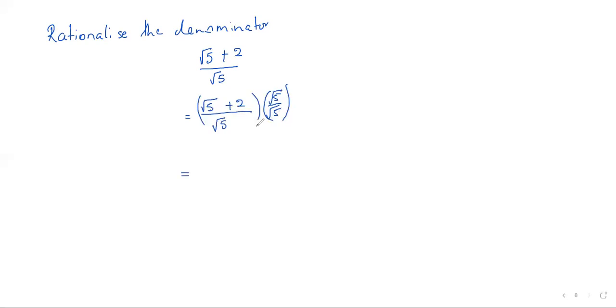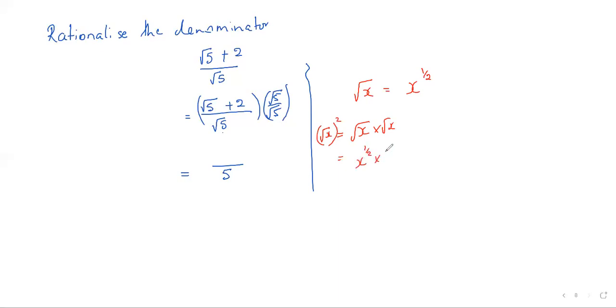Now, if I multiply the denominator, the square root of 5 multiplied by the square root of 5 is 5. How? If I have the square root of x and I remove the radical sign, that becomes x exponent half. So the square root of x multiplied by the square root of x becomes x exponent half multiplied by x exponent half.